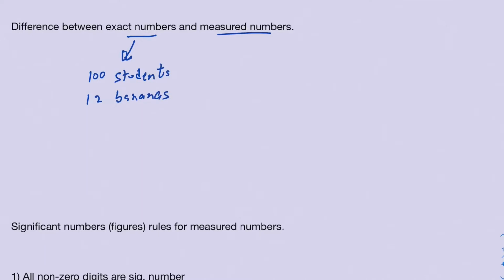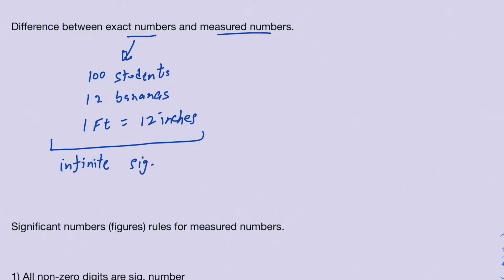For example, there are 12 inches in 1 foot, so that's by definition, and as a result it's considered an exact number as well. Anytime you have an exact number, it doesn't matter how many digits you have, they're considered to have an infinite amount of sig figs.